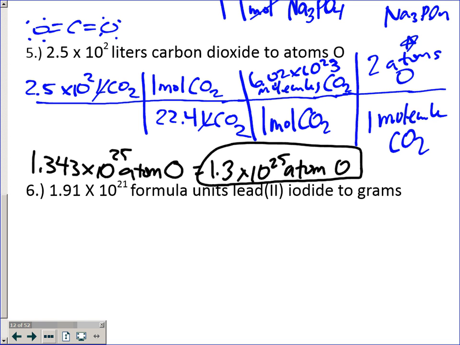Formula units, right? Yes. Lead, iron. A formula units. Lead is pretty good.